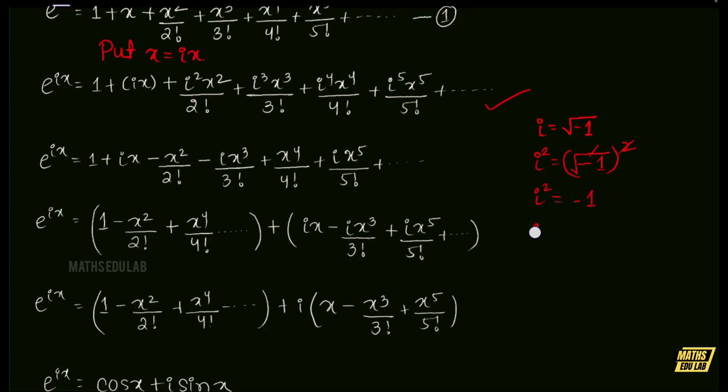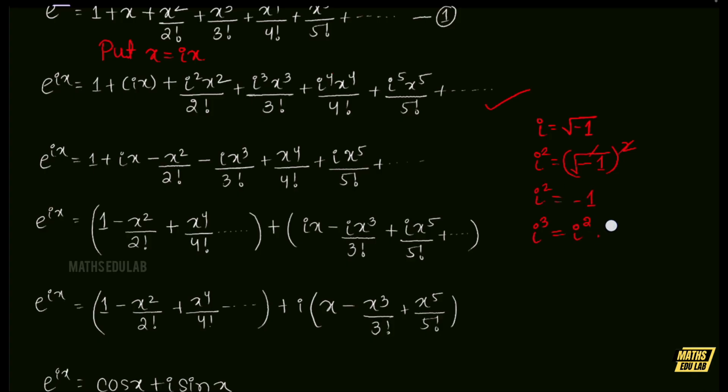Similarly for iota cube, just split the power as iota square, whose value we already have, into iota to the power of 1. We have to split the power on the basis of what we got in the previous steps.